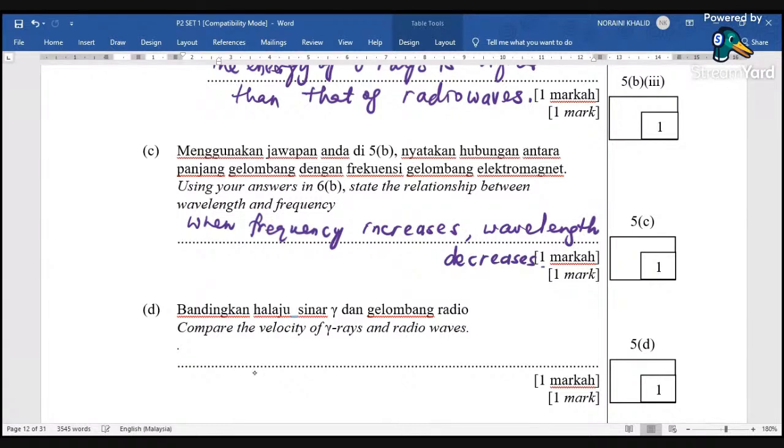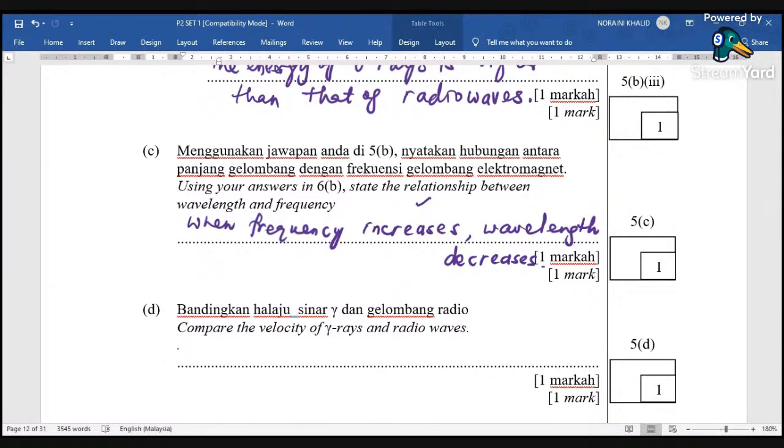Avoid using the relationship like inversely proportional unless there is a graph stated in this question, or they give you a diagram which consists of a graph, then you can use the relationship like that. For this one you just write like writing a hypothesis, or the higher the frequency, the shorter the wavelength also can.